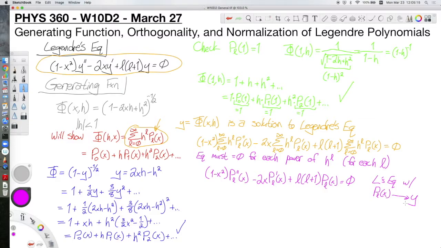So that means, well, obviously Legendre's polynomials satisfy the Legendre equation. So because we know that P_l of x satisfy Legendre's equation, we can also say that our generating function, phi of x and h, also satisfies Legendre's equation.